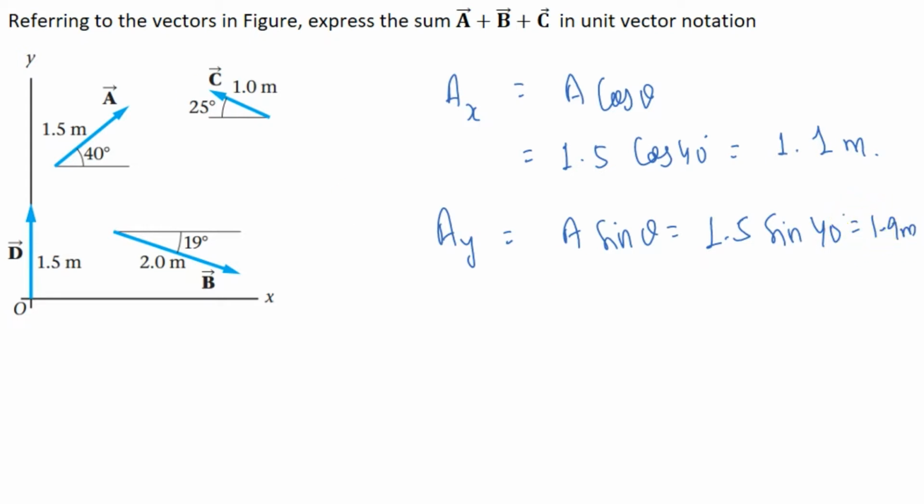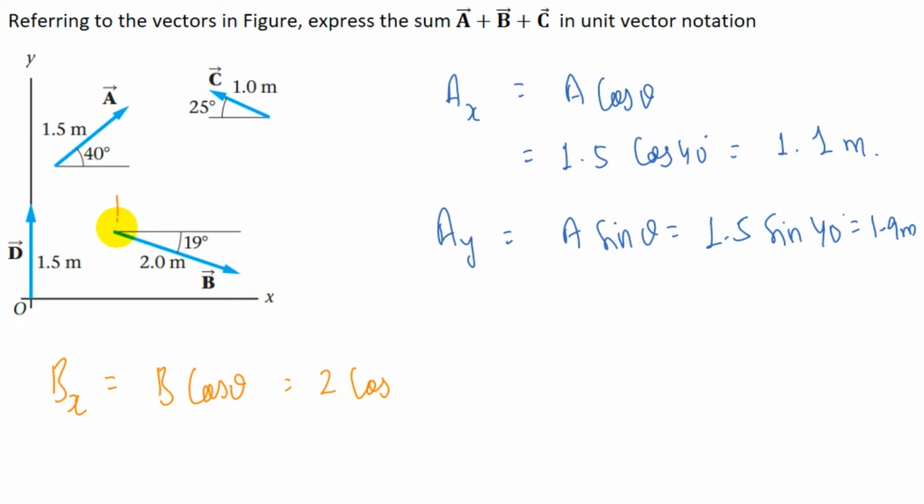Next I'm going to find the x and y components for vector B. The x component BX would be B cosine theta, and the magnitude of B is 2. Students have many confusions here: should we take theta as 19 degrees, or minus 90 degrees, or this angle? Actually, we always measure theta from the positive x.